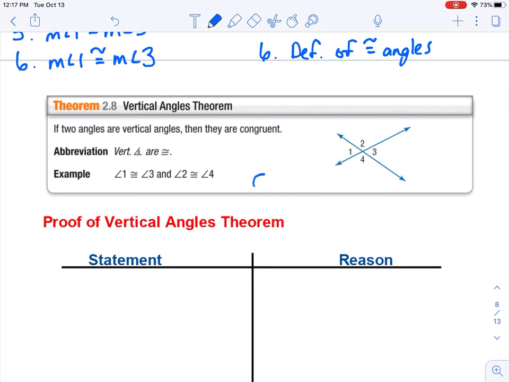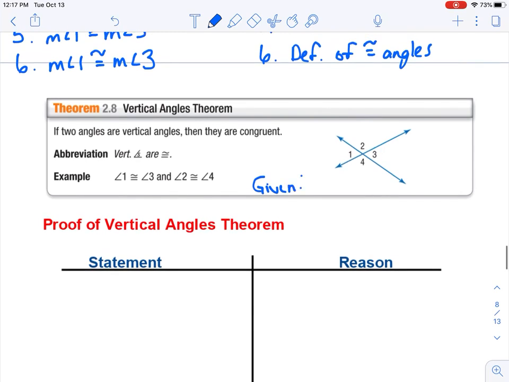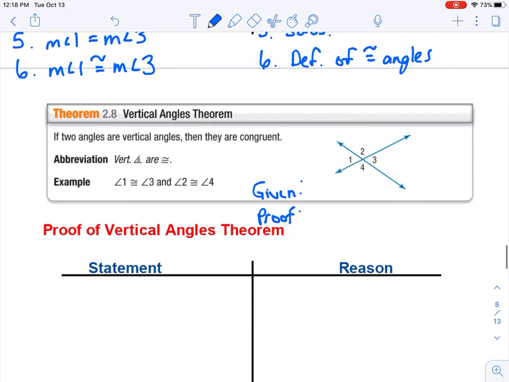If you are not given an explicit given statement and prove statement, you can figure out what these are based on your if-then statement. Your if is your given. Then your conclusion is your proof.